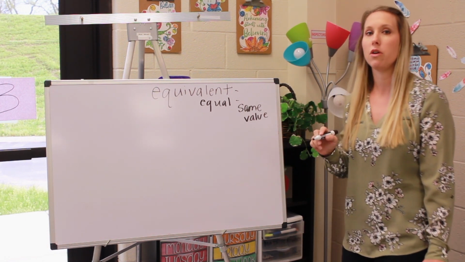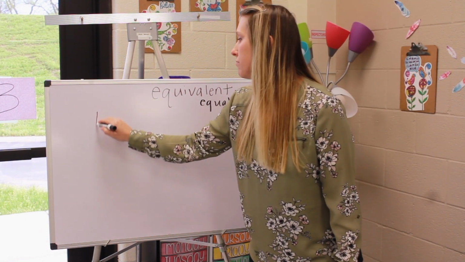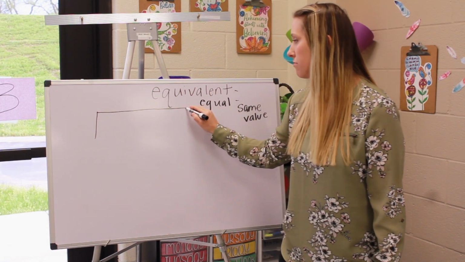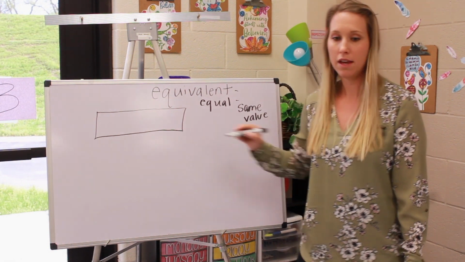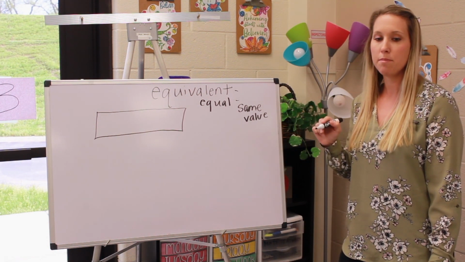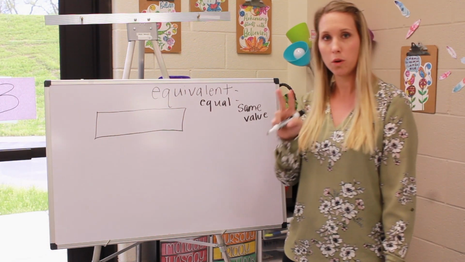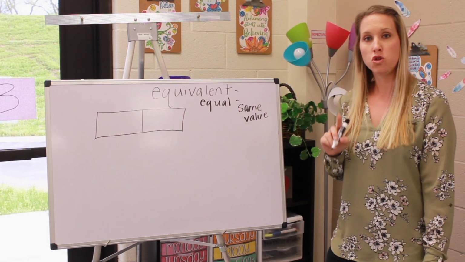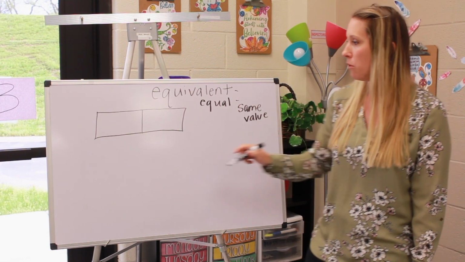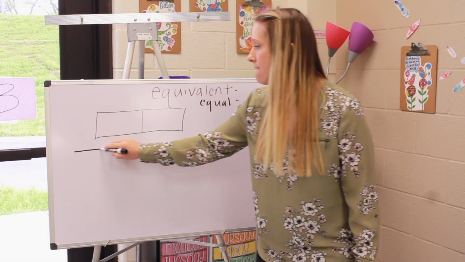First, I want you to draw a rectangle. Now, I want you to decompose the rectangle into 2 equal parts. Directly below the rectangle, I want you to draw a number line.